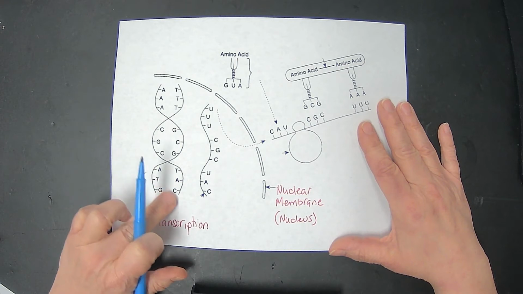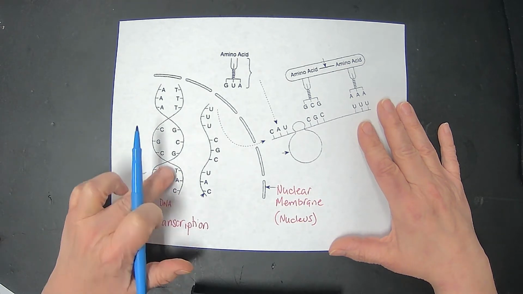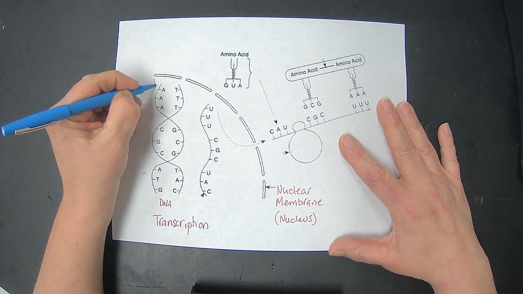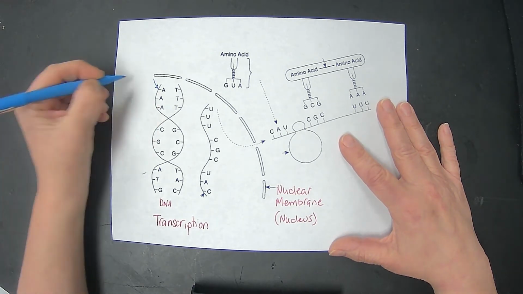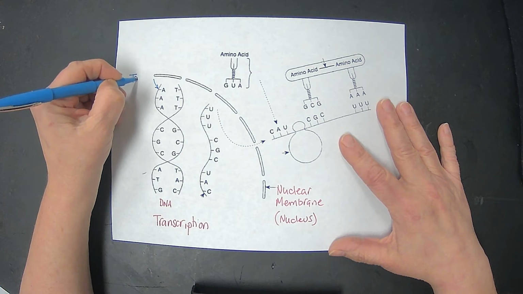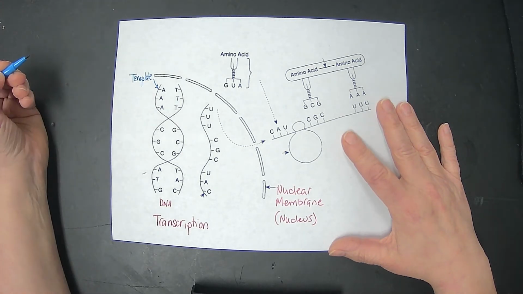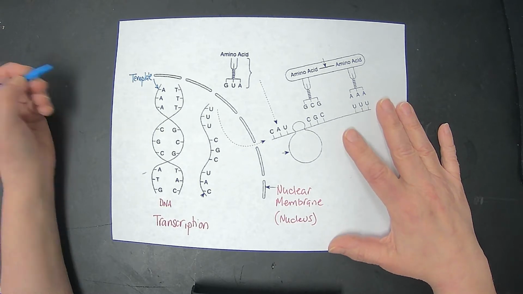So clearly what's happened here, along comes an enzyme, you can't see any hydrogen bonds there, it's broken them up, and what it's doing is using this strand here as a template to make a strand of messenger RNA, the single strand DNA.